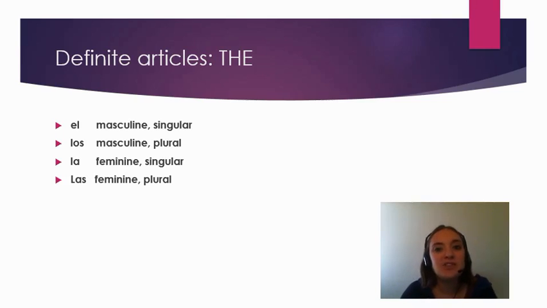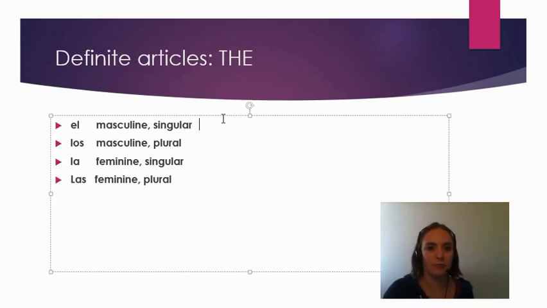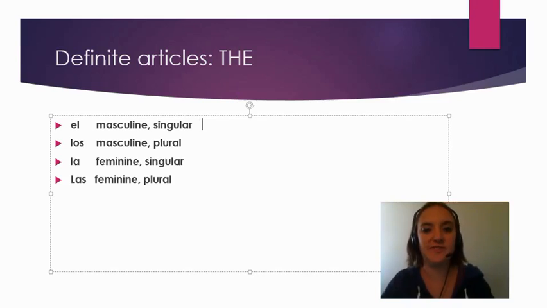So in Spanish, there are 4 words that mean the. They're very specific. So if you have a word that's masculine, remember words that end with O or that don't follow the female rules, they'll have the word el in front of them. If you want to say the hat, we looked at the word sombrero.